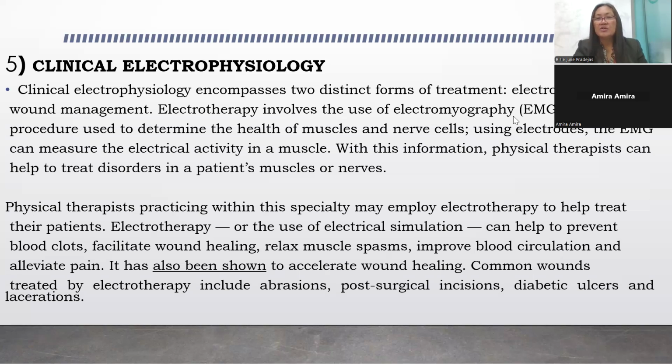It's a procedure that's used to determine the health of the muscles and nerve cells using electrodes. So we are using electrodes in EMG. This is to determine the health of our muscles. The EMG also measures the electrical activity of our muscles.